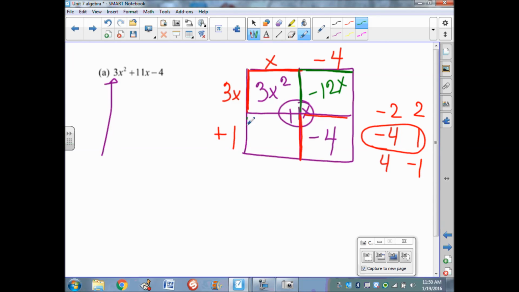Now let's figure out what this area is. This times this gives me a positive 1x. So now if I add those two numbers up, meaning combine like terms, do I get what's in the middle? And you should say, no, Mrs. Swinson, you're getting a negative 11x, and we need a positive 11x.